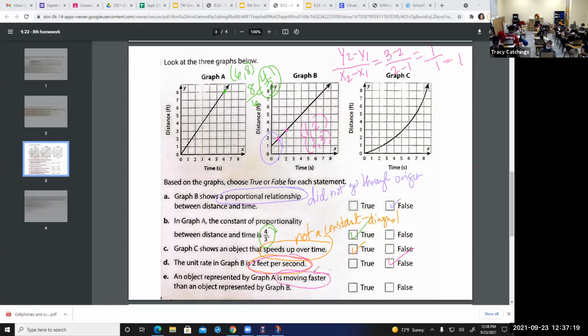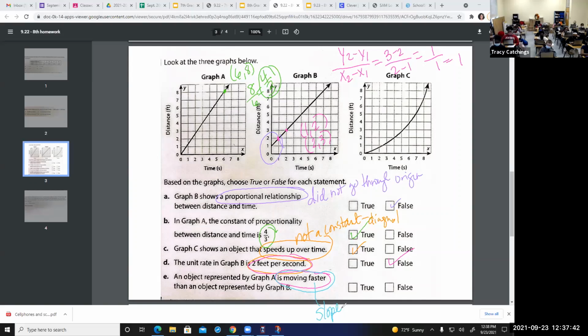All right, and then last one said an object represented by graph A is moving faster than an object represented by graph B. They're talking about moving and faster. What might that be related to? Two main things we be talking about: slope, y-intercept. So if I'm talking about how fast I'm moving, that's my what? That's the slope.